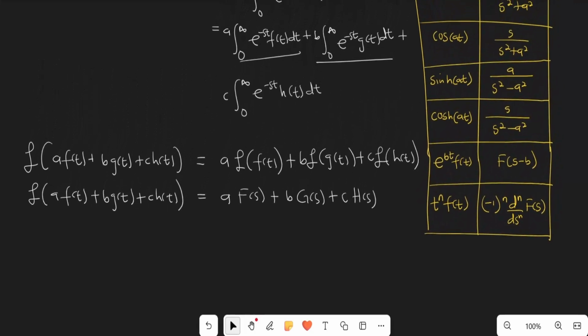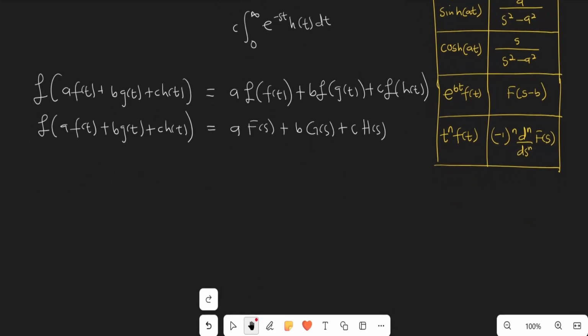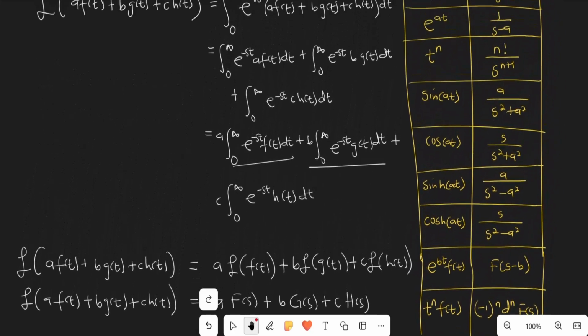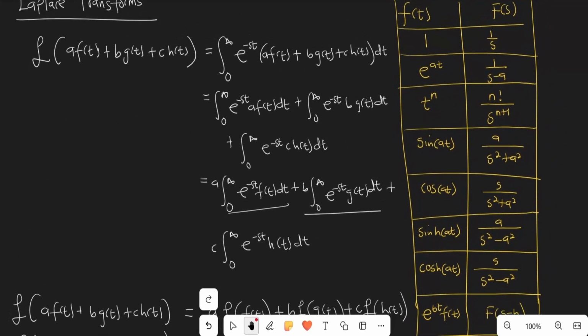So the property of the Laplace transform is that the Laplace transform of a linear combination of functions is just equal to distributing in the Laplace transform operator. So that is what we have, and we are going to use this one to solve the Laplace transform of 10 functions that I'll be solving in this video.